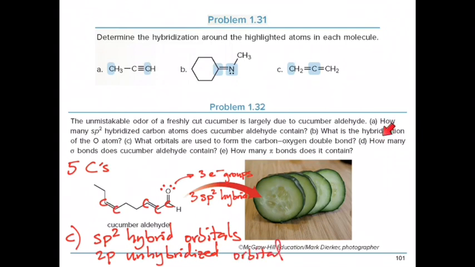So the fourth question here is asking how many sigma bonds are there in this molecule. A sigma bond is present in all types of bonds, whether it's a single bond, double bond, or triple bond. So these bonds contain 1 sigma bond. And so all you have to do is count the total number of lines here. And that would be the total number of sigma bonds.